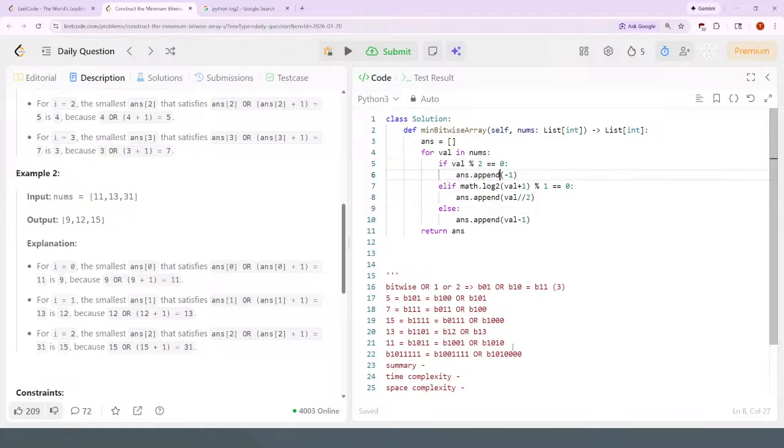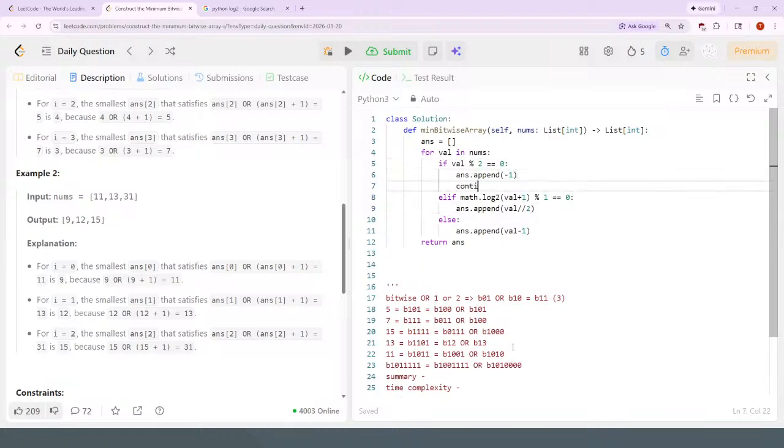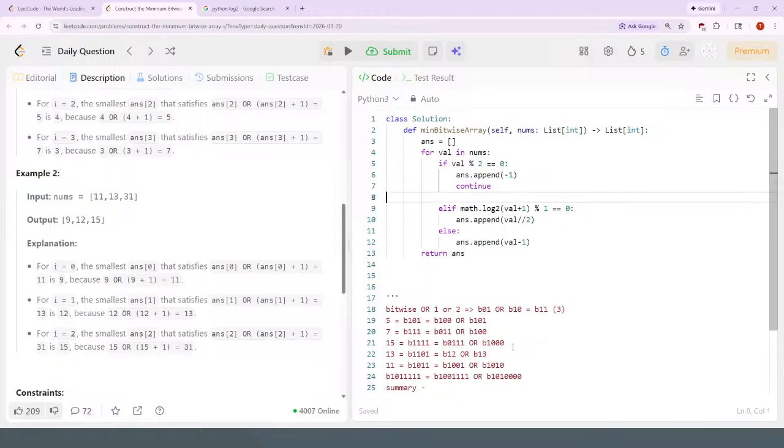So simplified here, let's go ahead and just make this continue. So if it's not that, then I just need to know how long the streak of ones on the right is.